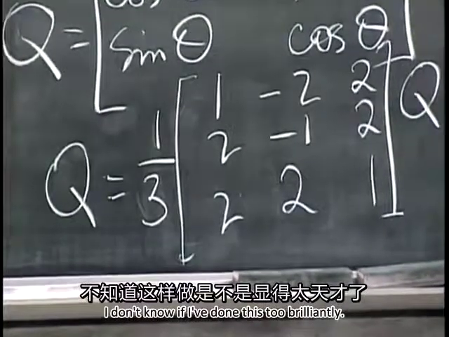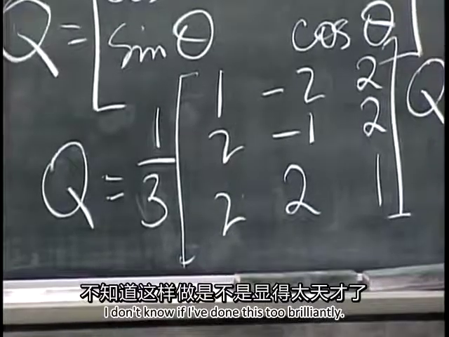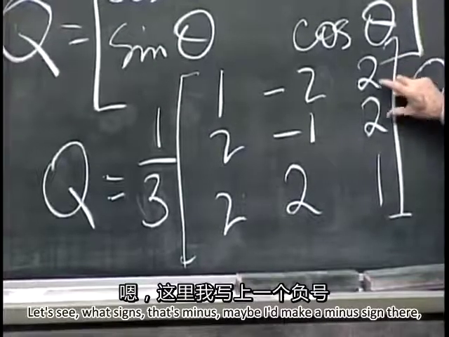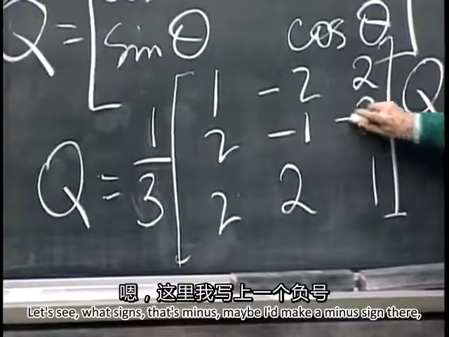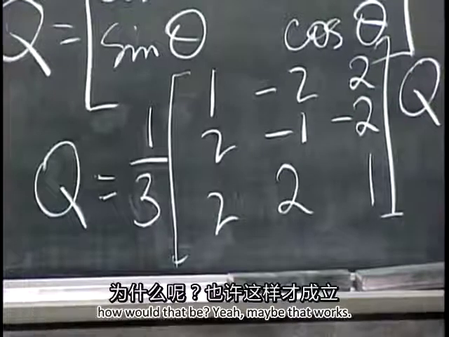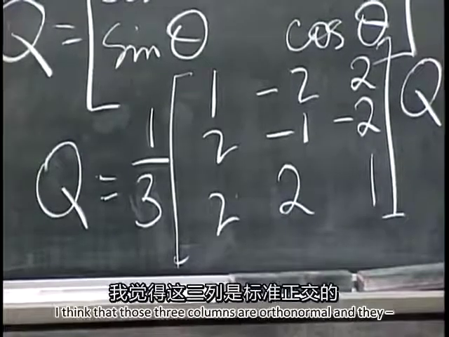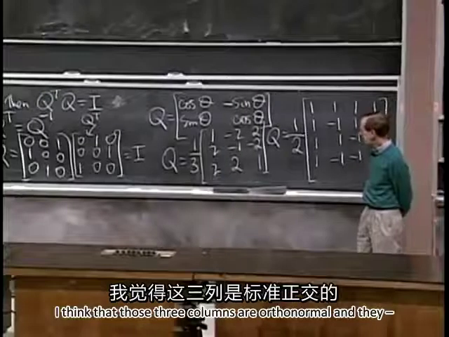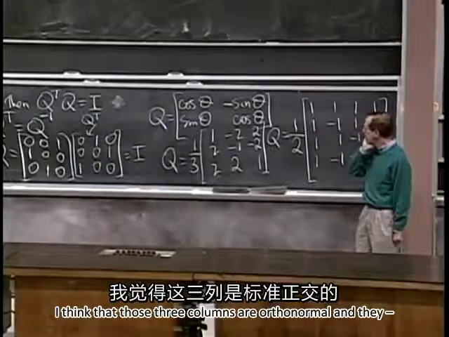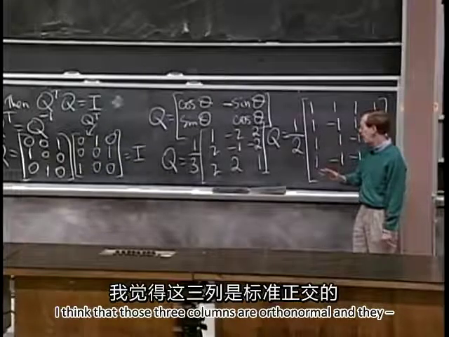I don't know if I've done this too brilliantly. Let's see, what signs? Maybe I'd like a minus sign there. How would that be? Yeah, maybe that works. I think that those three columns are orthonormal.